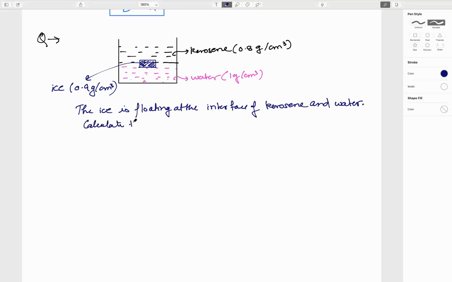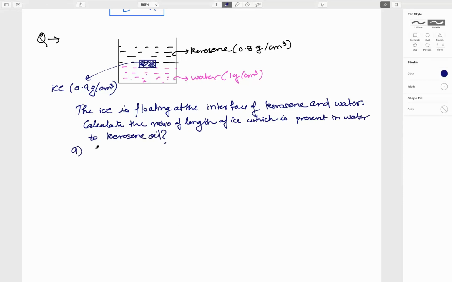Calculate the ratio of length of ice which is present in water to kerosene oil. Options are 2 is to 1, 8 is to 1, 1 is to 8, 1 is to 1.